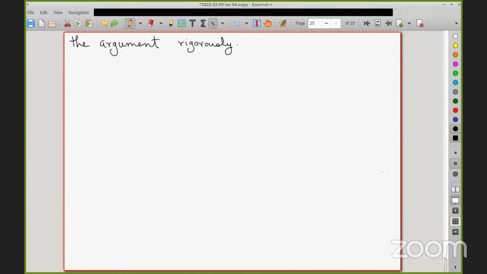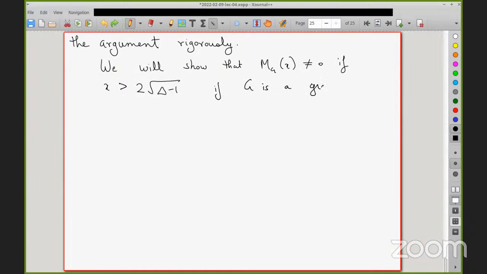So we'll show that. The only thing to do, as Kadevan pointed out, is to do this carefully, not for all graphs.